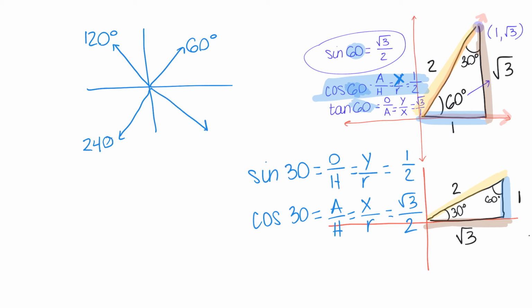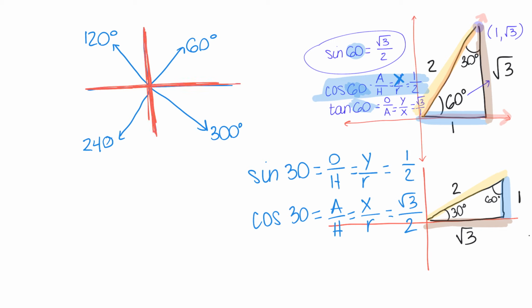And then over here in quadrant 4 is 300. So all of these angles will share the same ratios because they all have a reference angle of 60. And then down here, let me make this red so you can see that a little bit better.